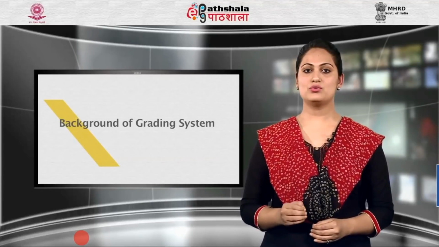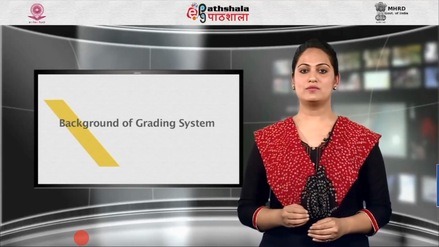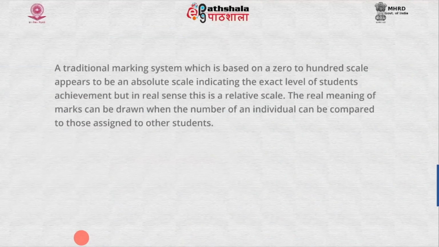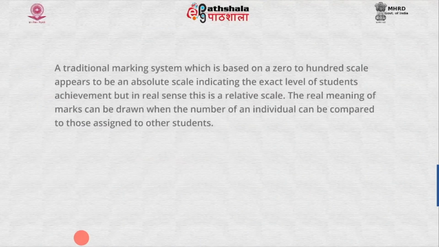It means that whatever the learner has learnt over a period of 1 or 2 years of a course can be expressed in terms of his or her performance on a 3-hour test, and the performance is measured in numerical scores. A traditional marking system, which is based on a 0 to 100 scale, appears to be an absolute scale indicating the exact level of students' achievement.